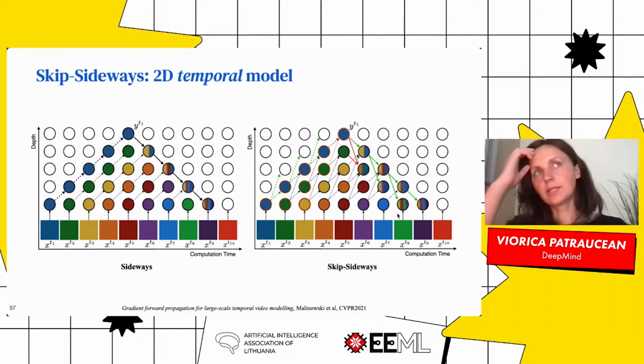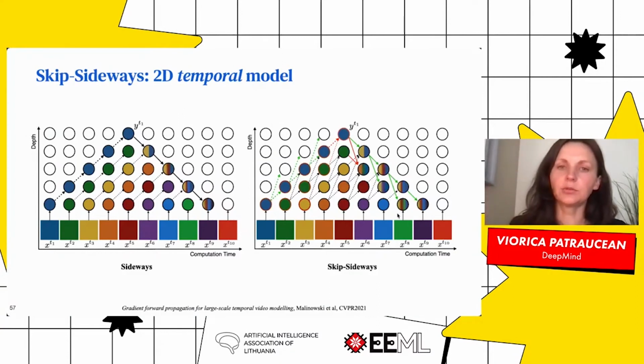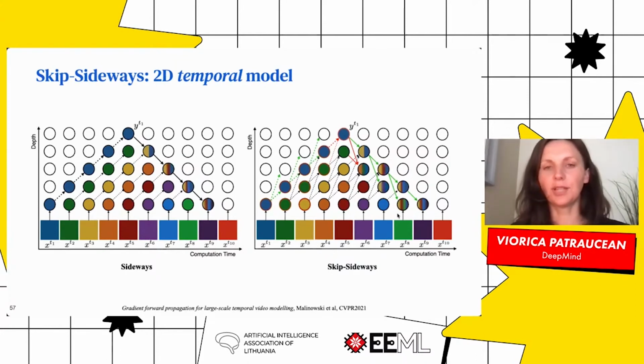Now, Sideways, as I've shown, is a 2D model, so it's an image model. But at the very beginning, I tried to convince you that it's important to reason about temporal features, because motion is so important. So that's why we created this extension of Sideways to take into account temporal features. This is our recent work, Skip Sideways, which was presented just 2 months ago at CVPR.